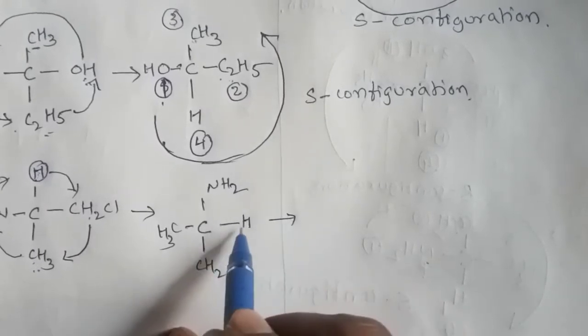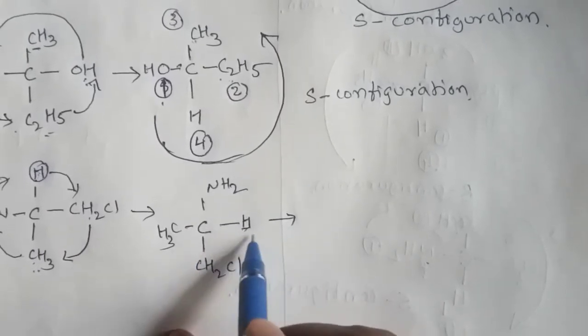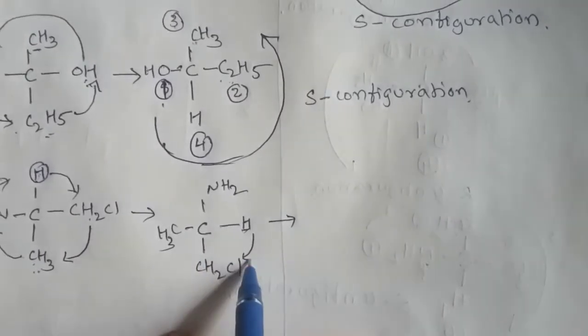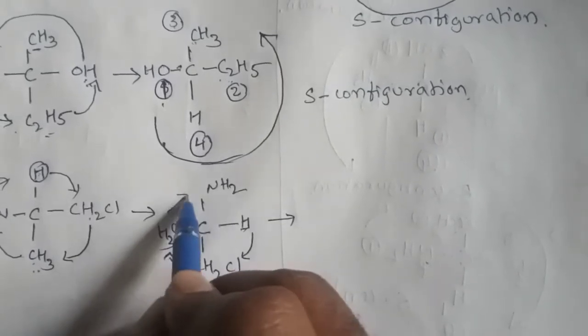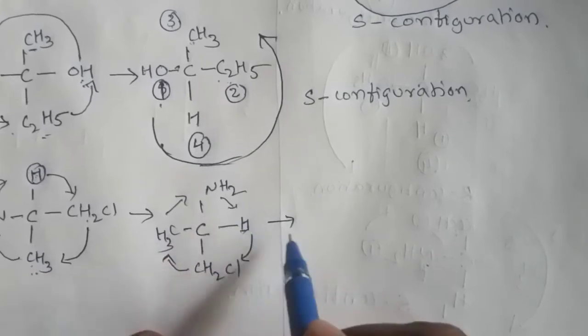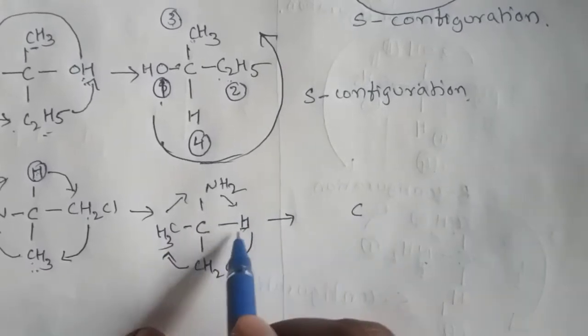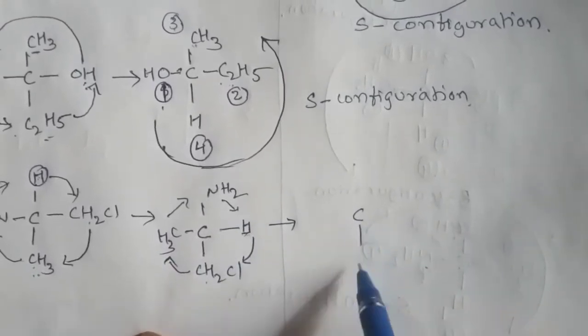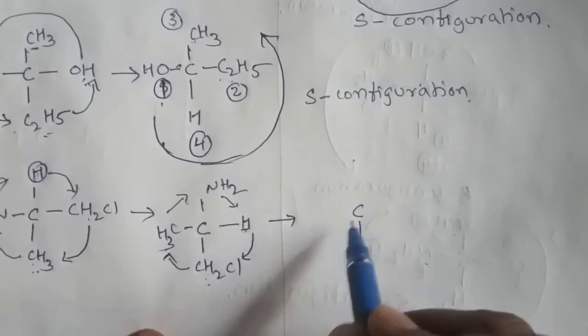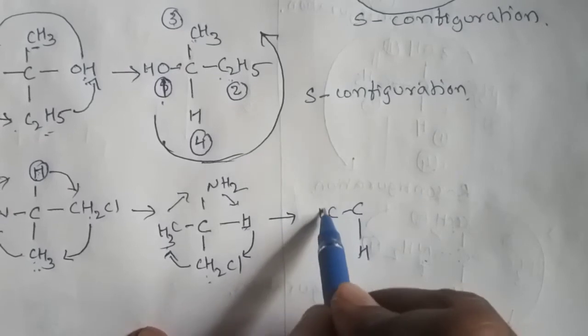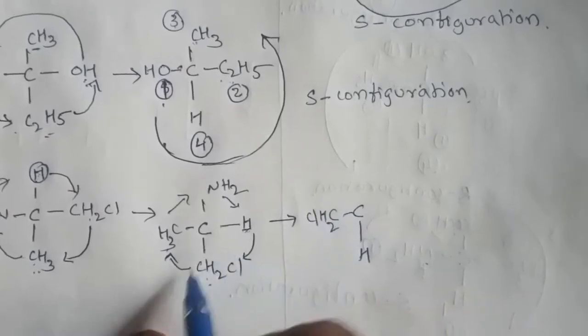Still hydrogen is here, on the right side. So once more you have to rotate this hydrogen from this place to this place, from here to here, and from this place to this place. During this rotation, hydrogen shifted to the bottom, this group shifted to this place, so it will come as CH2Cl.